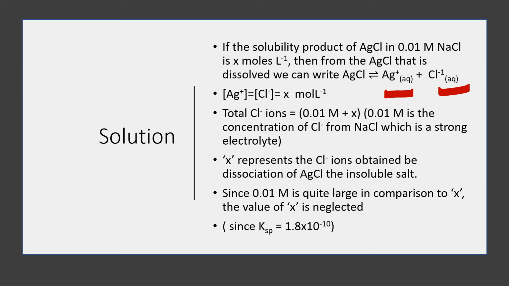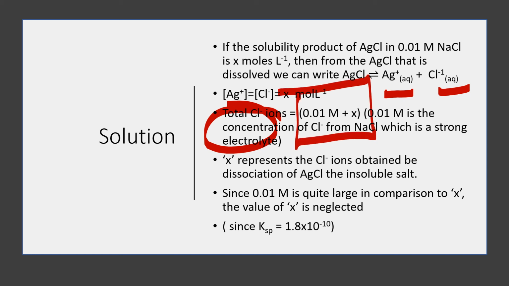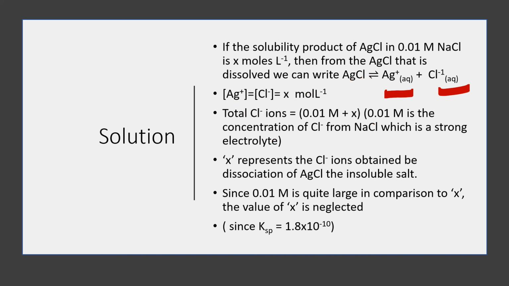Now, if you look at the concentration of chloride ions, it should be 0.01 moles per liter from sodium chloride plus the chloride ions that are formed by the dissociation of silver chloride over here. So this is what we see here, the dissociation of silver chloride, giving you some chloride ions.